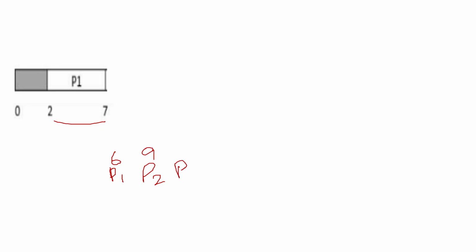In the fourth millisecond, P3 arrives with 12 milliseconds of work, right? So when P1 has executed its 5 milliseconds, if it checks the ready queue, there will be two processes, P2 and P3, correct?